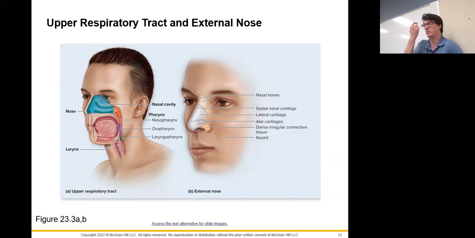This allows us to take that air that we route in through our nose and cause it to spin as we're moving it through the nasal cavity. So these big ridges give us lots of surface area so that we can get lots of moisture into that air, but also so we have lots of surface area to catch any dirt and debris.